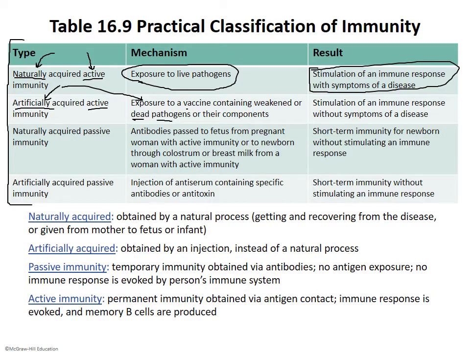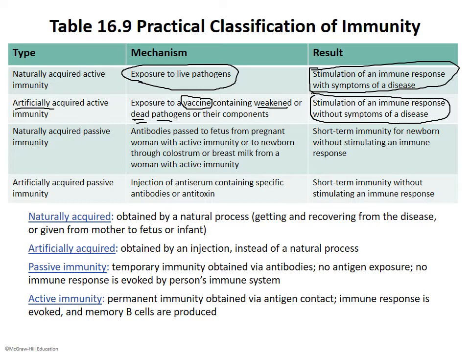It is like a vaccine. It is a vaccine. Now, even though it's a weakened or deadened pathogen, my body will look at it, try to figure out what's going on, will fight it, and then analyze the antigen and make antibodies. So it is active because my body is making the antibodies.